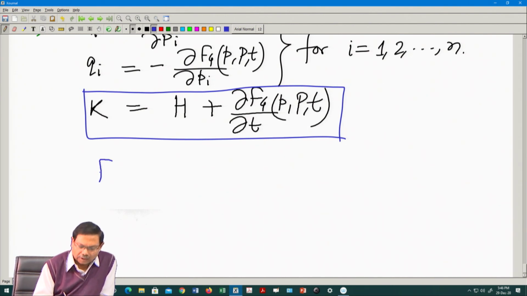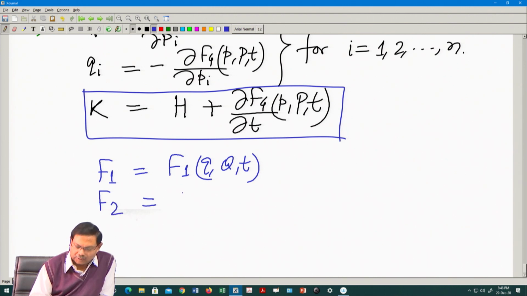F1 is the one which we wrote in the beginning, F1 of q, Q and t.